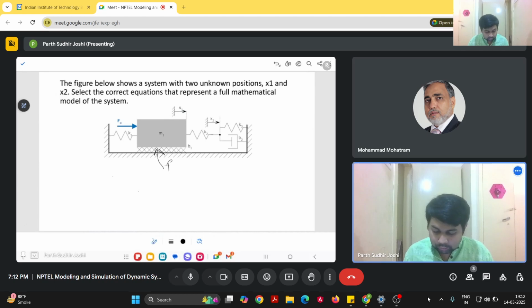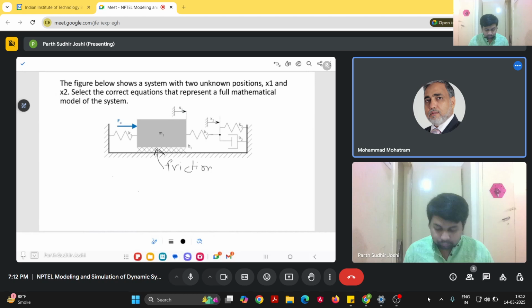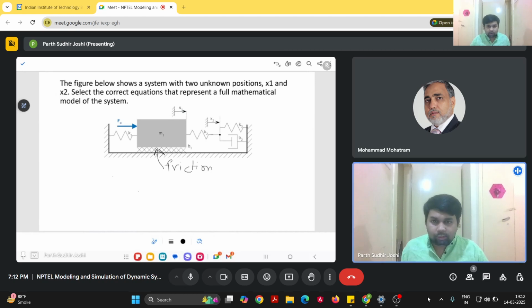Then we have these dampers like B2 and then another spring K3 attached. So these system variables are basically x1 and x2. Basically we have to develop the equations in terms of these variables.